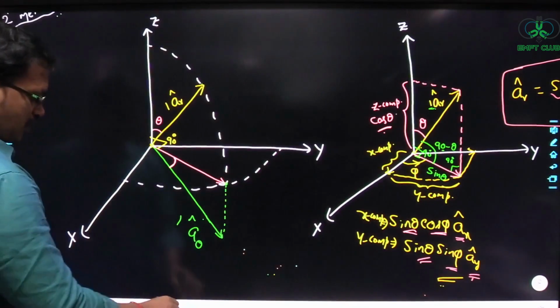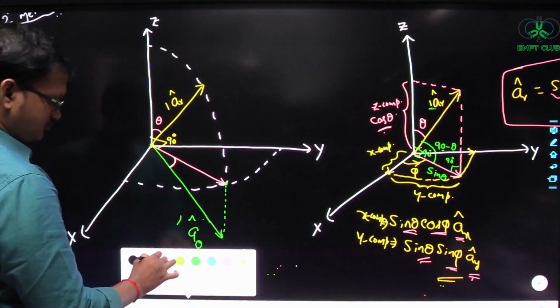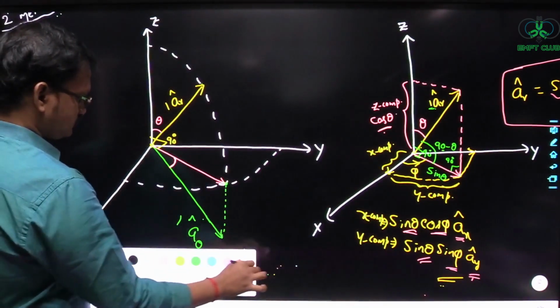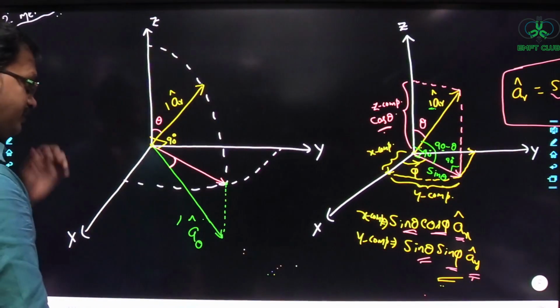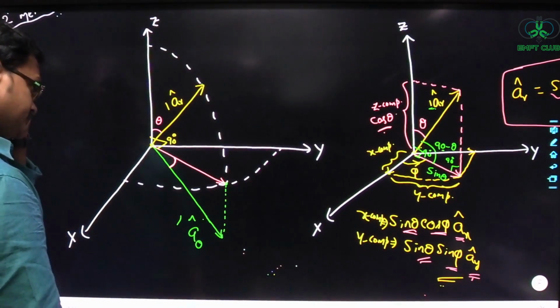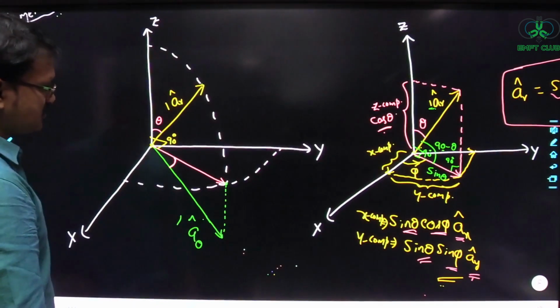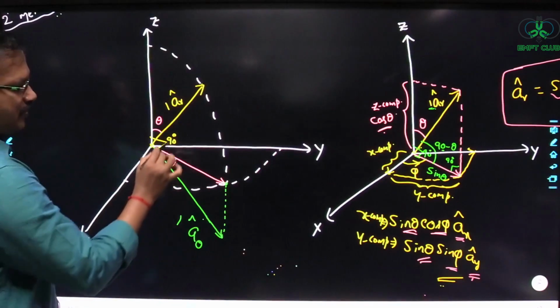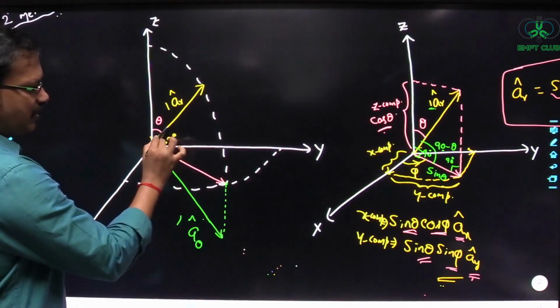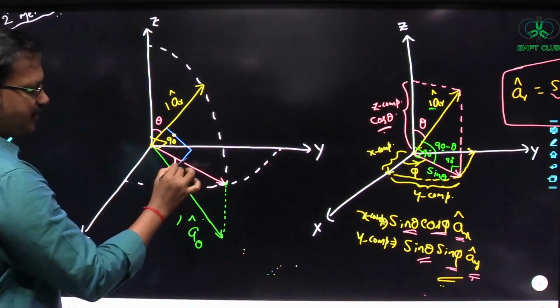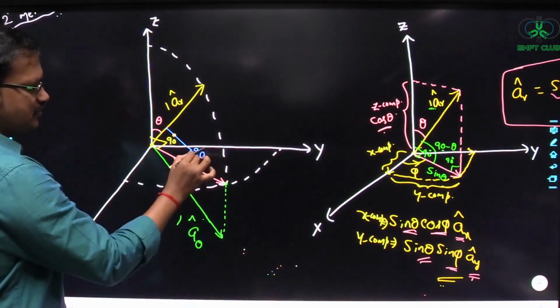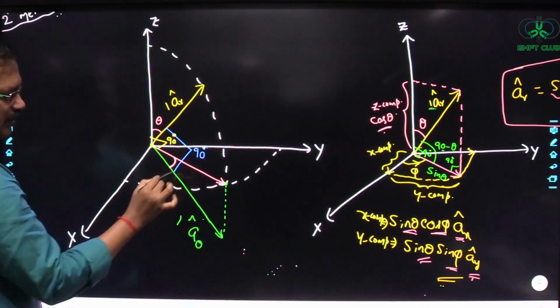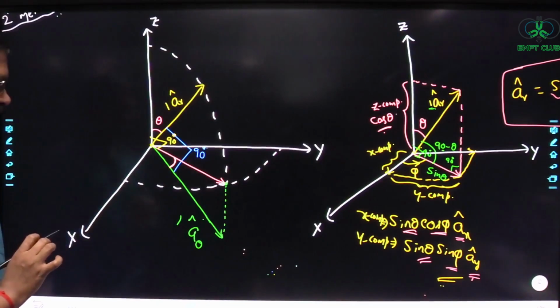Okay. Next, this is 90. What is the angle between a r cap and a theta cap here? We know that the angle between a r cap and a theta cap is 90 degrees, right?